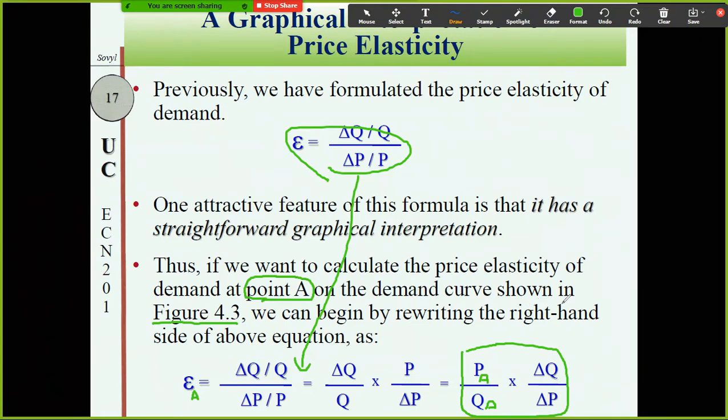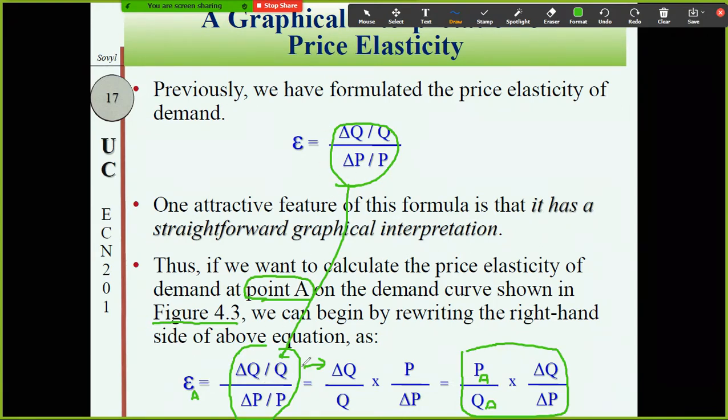Rewriting only the right hand side. Okay, so this is the same formula as we had earlier. So we rewrite: this is the first fraction, the second fraction.